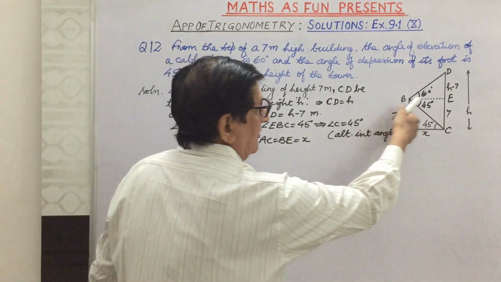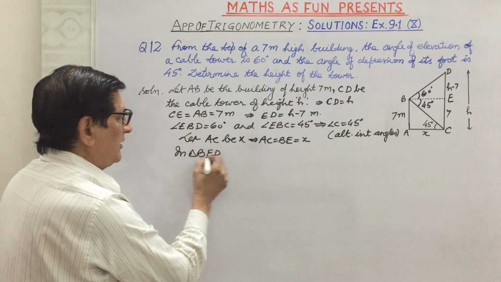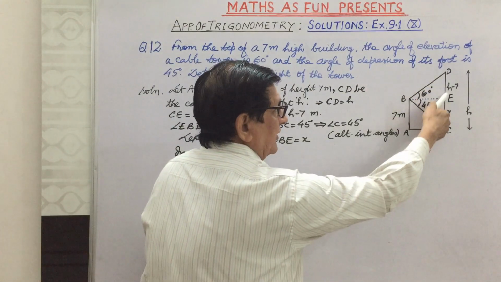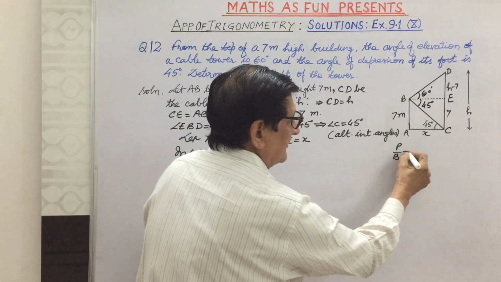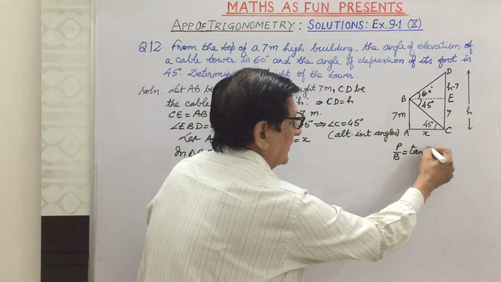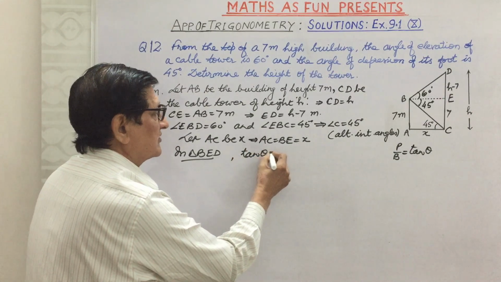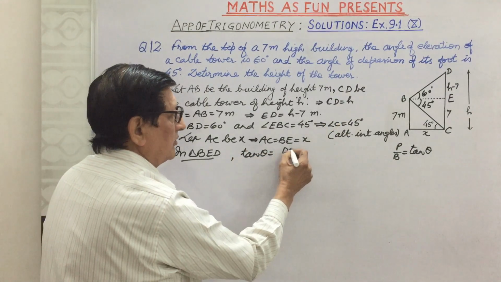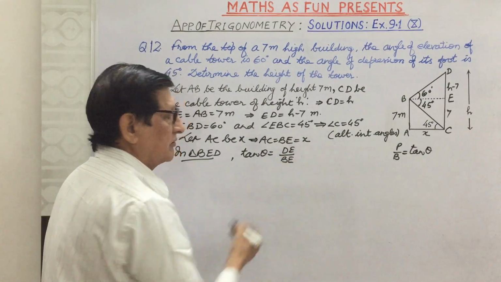Now we use triangle BED. In triangle BED, we have here the perpendicular and this is the base. So we can write P upon B, that is perpendicular upon base. Trigonometric ratio for this is tan theta. So we apply here tan theta. Tan theta is equal to perpendicular, that is DE, upon base, that is BE.